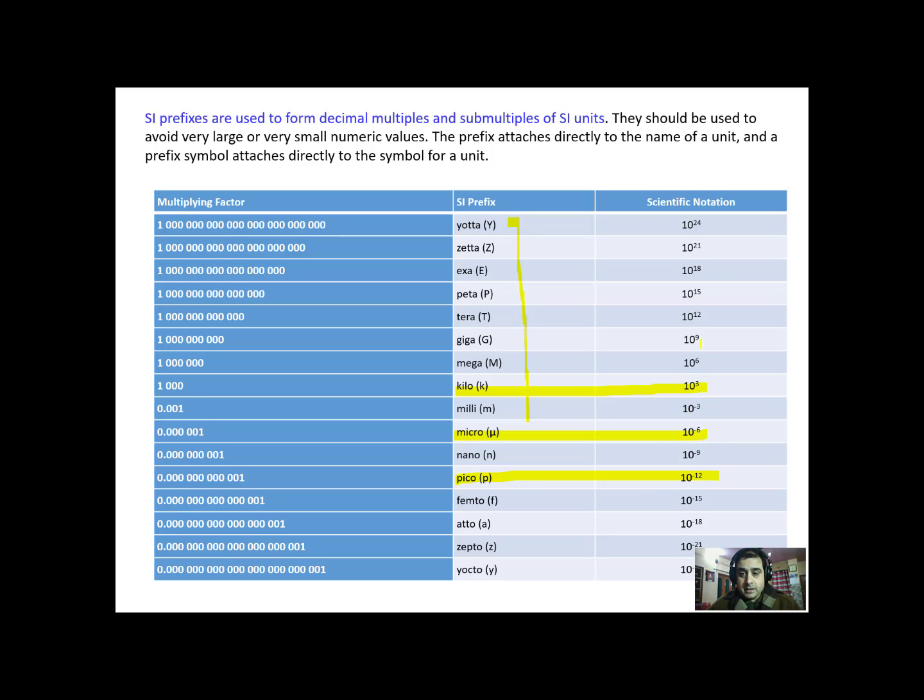So from here you go from positive towards negative, and yocto is 10 to the power minus 24. So you can make your work easy by using these prefixes.